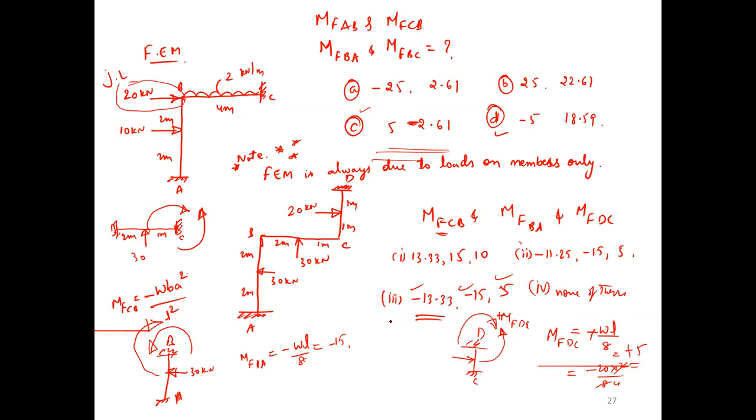No. AB means it is rotating towards A. BA means it is rotating towards B. BC means it is rotating towards B. CB means it is rotating towards C. When I am considering member AB, it is rotating towards A only. If I am considering BA, it is rotating towards B. If I am considering BC, it is rotating towards B. If I am considering CB, it is rotating towards C.